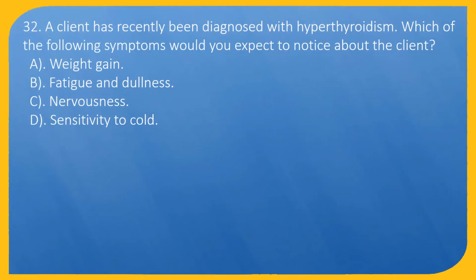Question 32. A client has recently been diagnosed with hyperthyroidism. Which of the following symptoms would you expect to notice about the client? A. Weight gain. B. Fatigue and dullness. C. Nervousness. D. Sensitivity to cold.